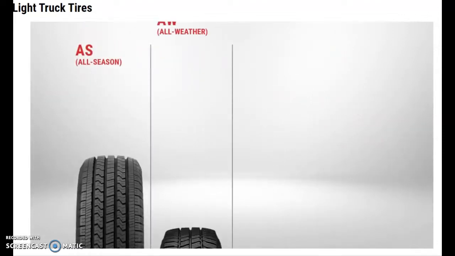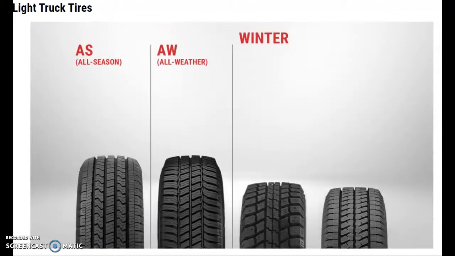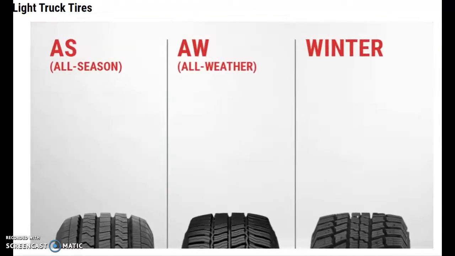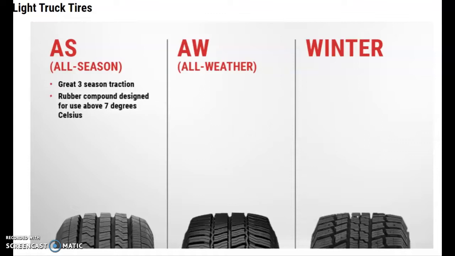There are 3 subcategories for LT tires: AS, AW, and Winter, which are the seasonal designations. AS stands for All Season. All-season tires offer great 3-season traction, as their rubber compound is designed for use at temperatures above 7 degrees Celsius. The tread patterns are optimized for dry and wet conditions.